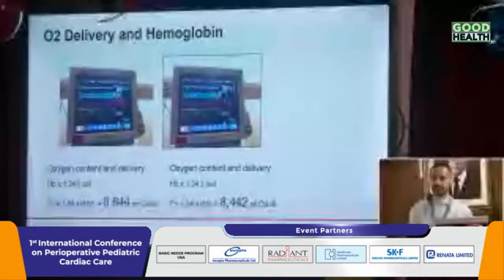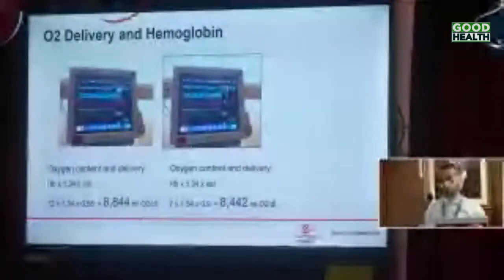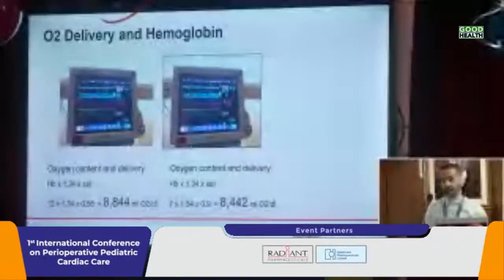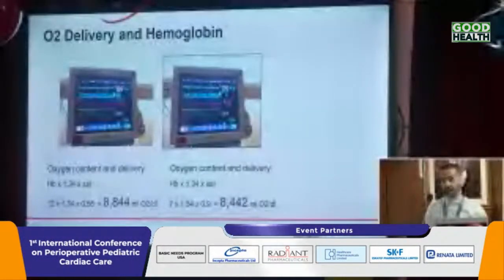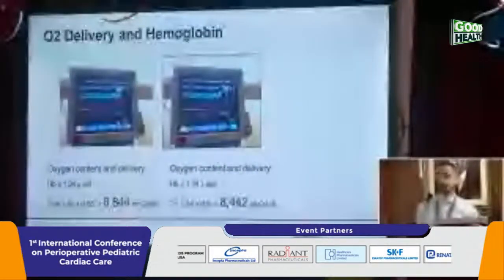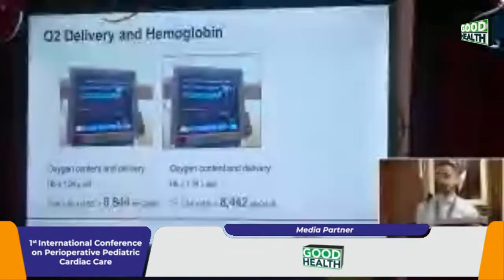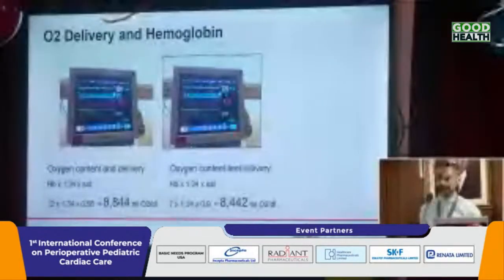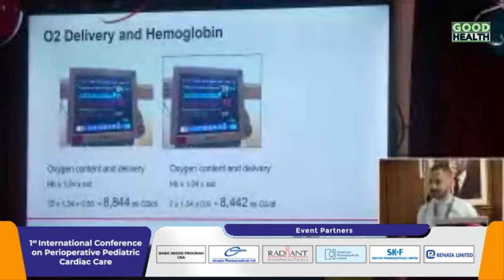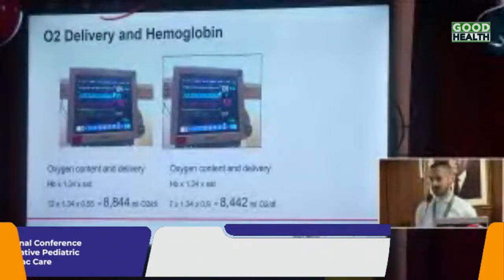We need to have another piece of data to be able to answer this question, right? By physiology, we need to know what the hemoglobin is. So the first patient is satting 55%, a number that would essentially push any intensivist to be at the bedside immediately, doing something about the patient and delivering high FiO2.